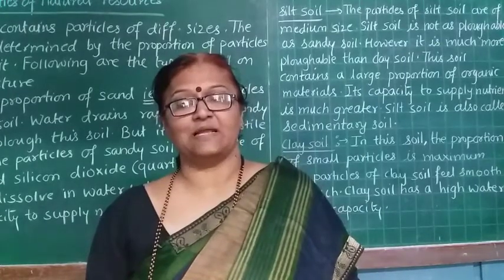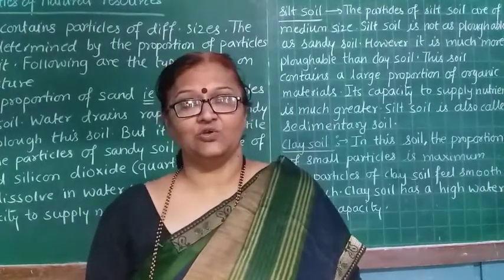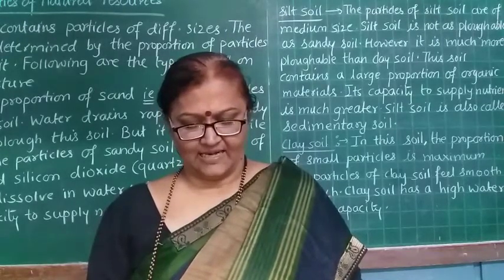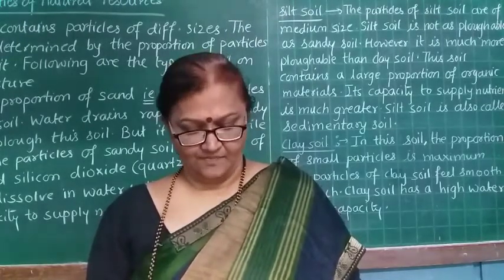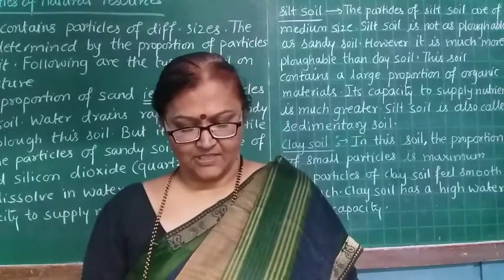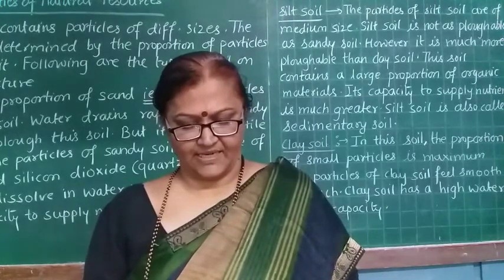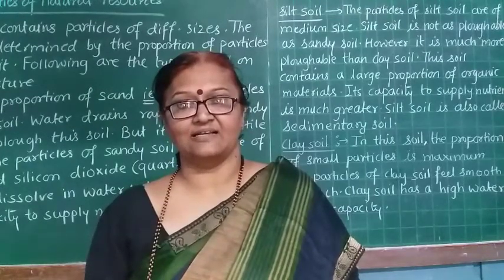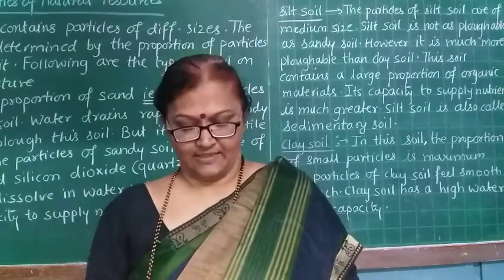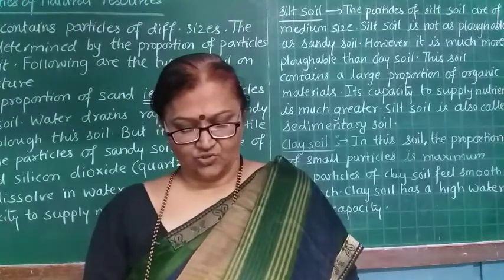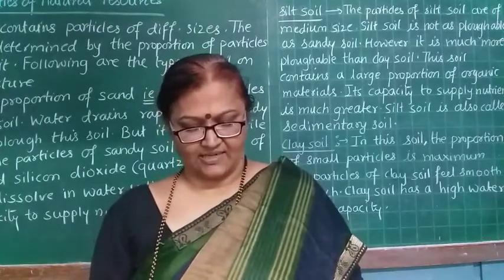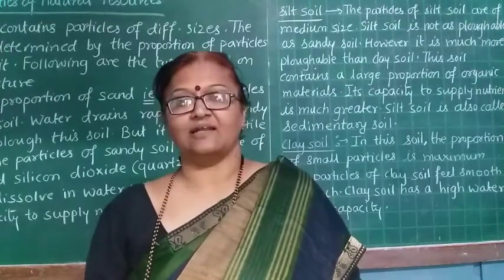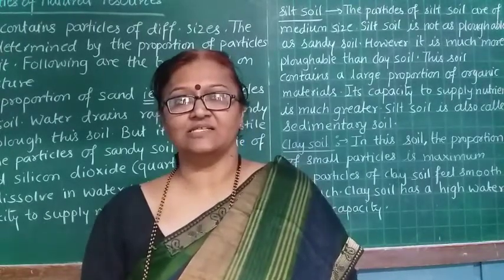We can use it to make articles of a variety of shapes. These articles can be baked to make them hard. Water storage, earthen pots, earthen lamps, idols, bricks and other articles are formed from this soil.